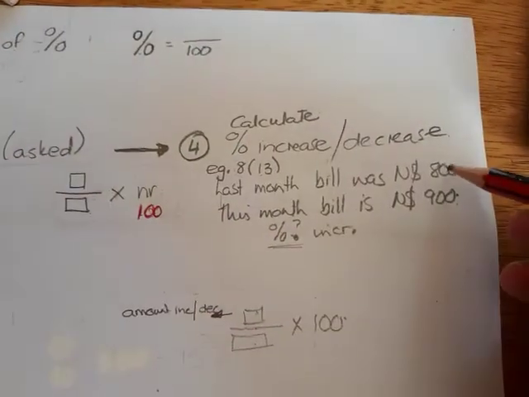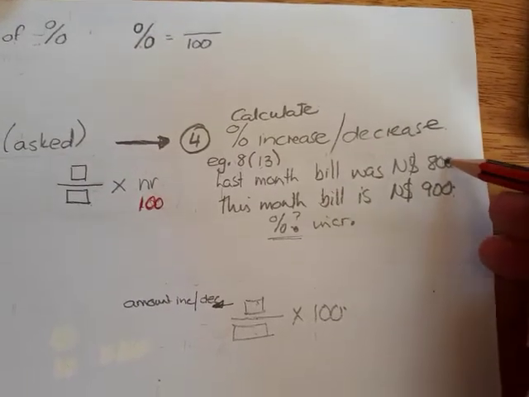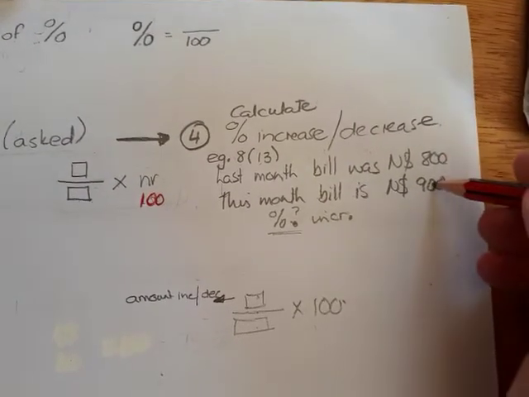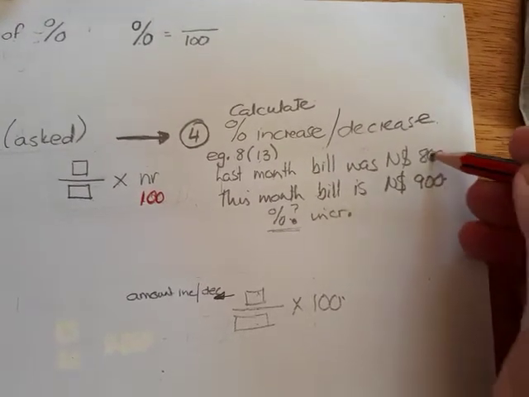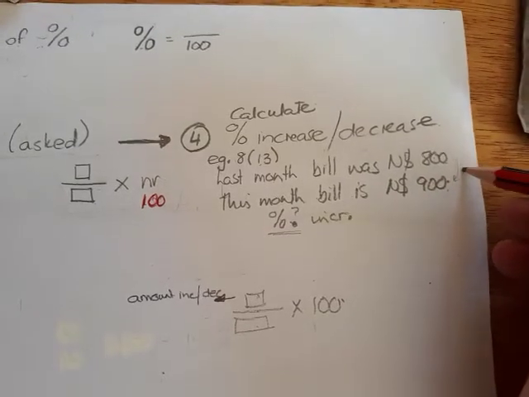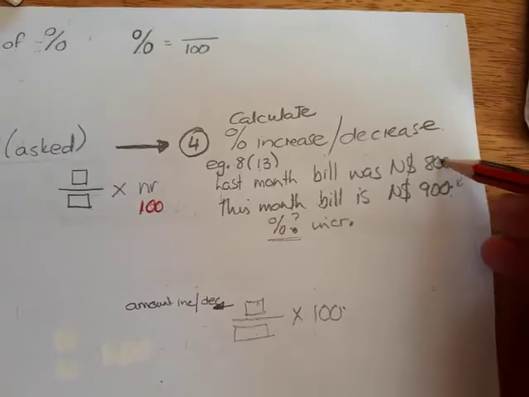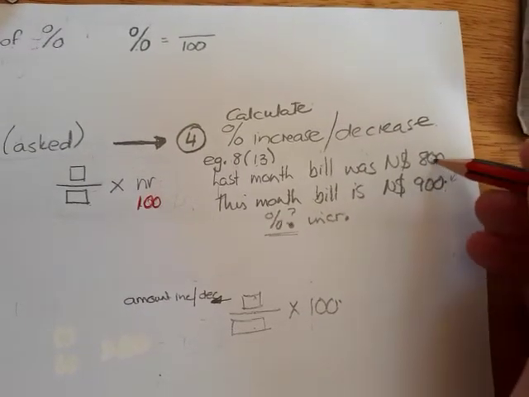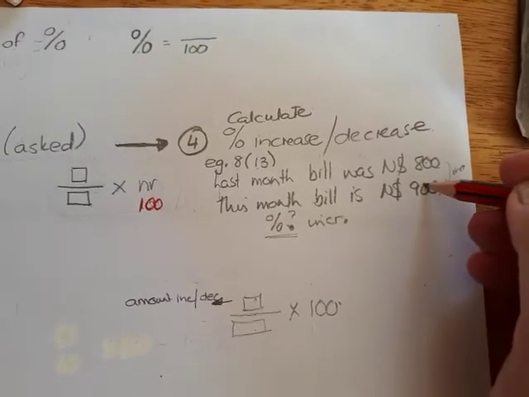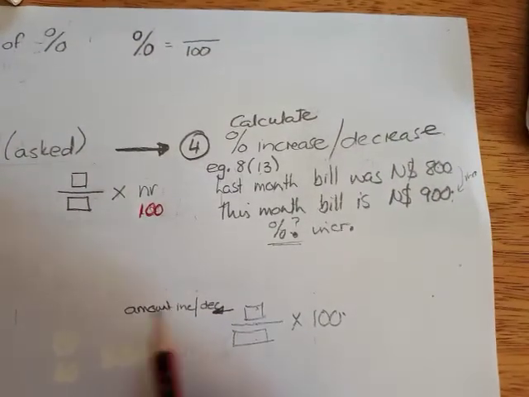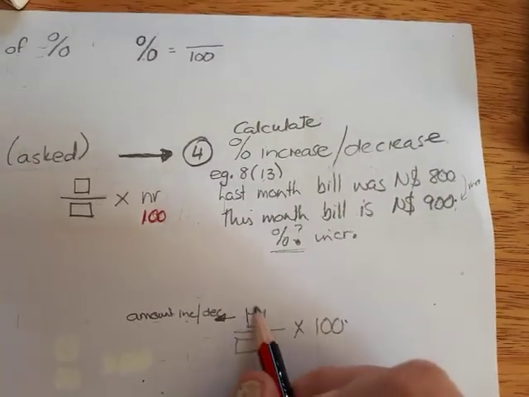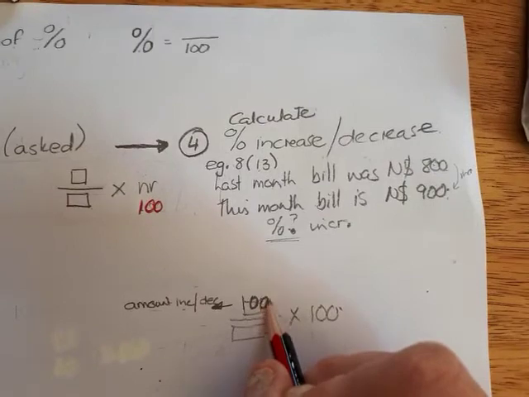If you look at the bills, people, last month it was 800. This month it was 900. So firstly, it's higher, meaning it is an increase. But by how much is it higher? It is higher by $100. So your actual amount that it is increased comes at the numerator.